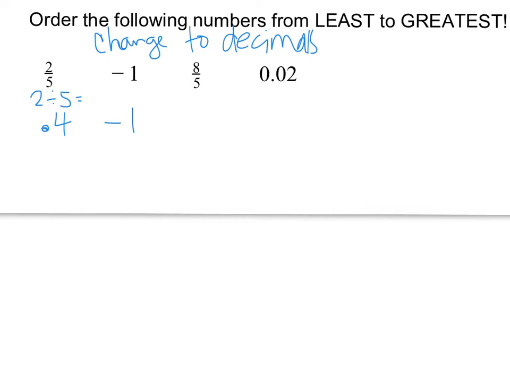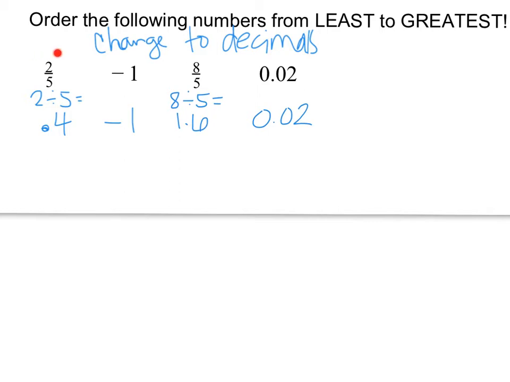Do the same thing that you did with this one right here. You divide it. So you'll take 8 divided by 5. Put that in your calculator. You get 1.6, or 1 6/10. The last one is already 0.02, or 2/100.